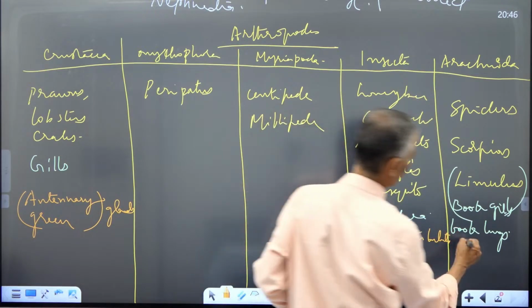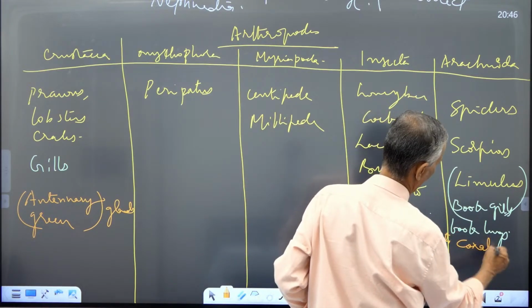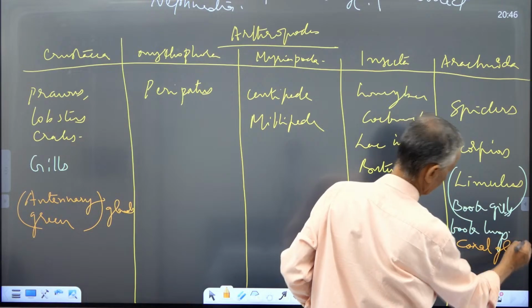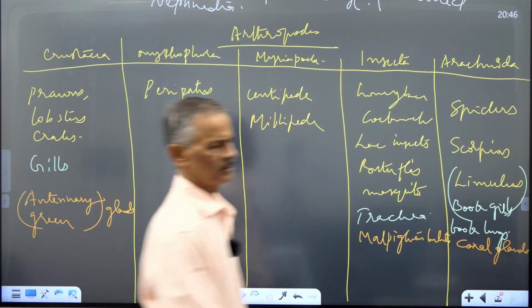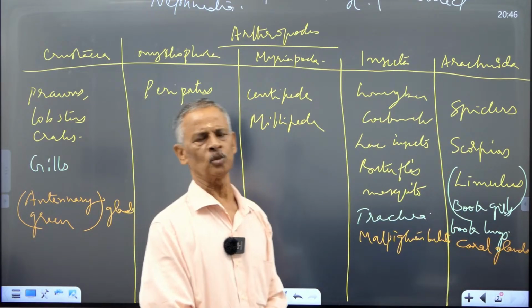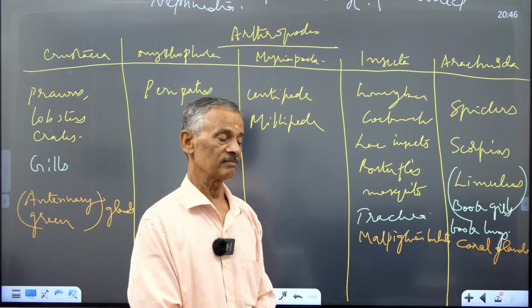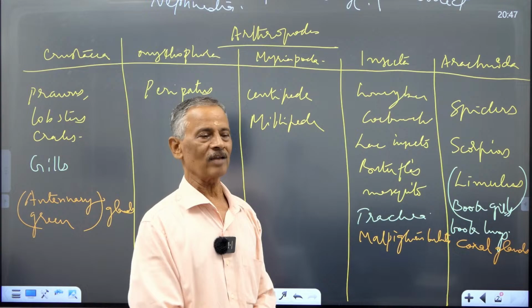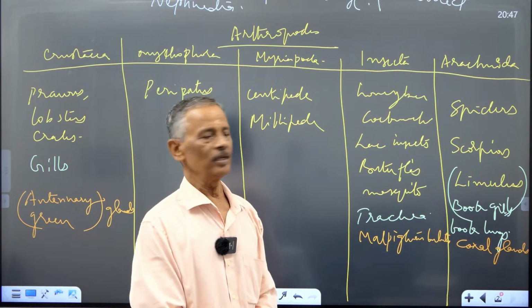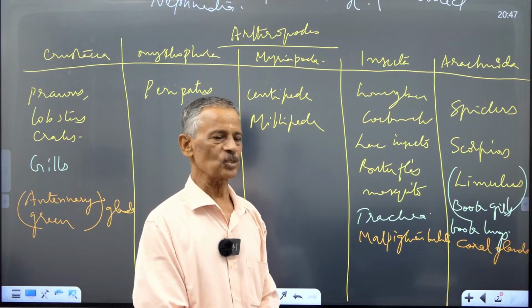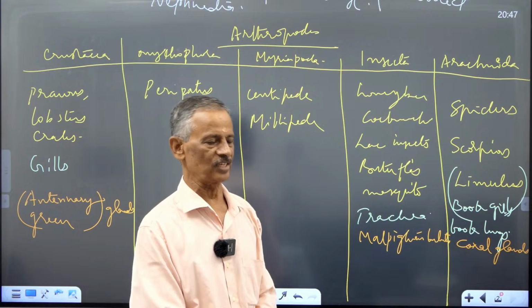Spiders are having coxal glands. Just an example പറഞ്ഞു തന്നു മാത്രം ട്ടോ, to show that they are all highly different. Though they are all coming under the same phylum, the classes are different. Classes are showing different characteristics.